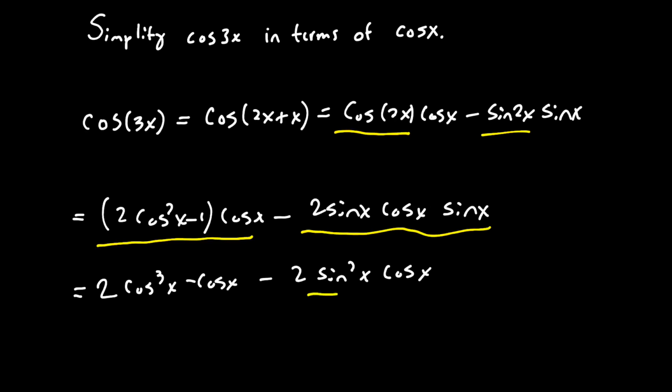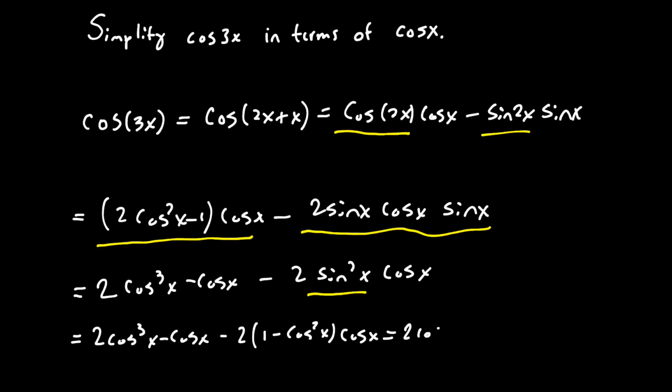Now we can replace our sine squared x with 1 minus cosine squared x, and we'll get that this is 2 cosine cubed x minus cosine x minus 2 times our 1 minus cosine squared x times cosine x.